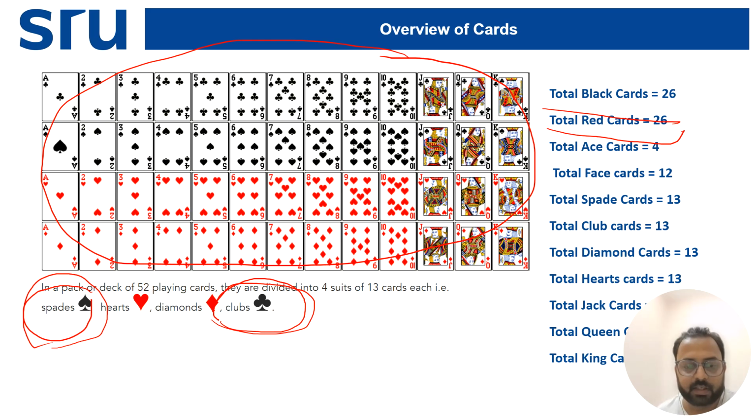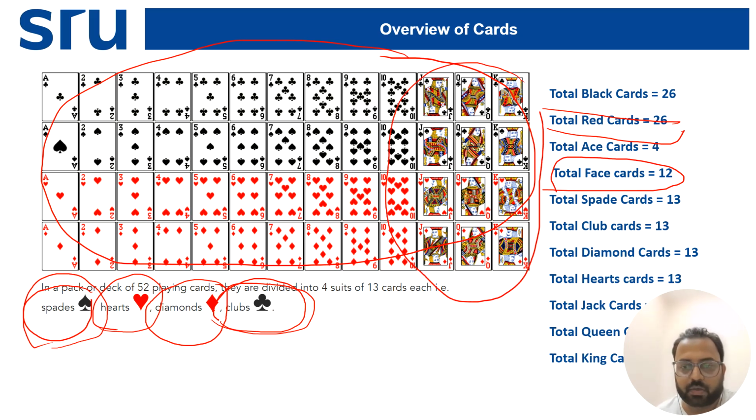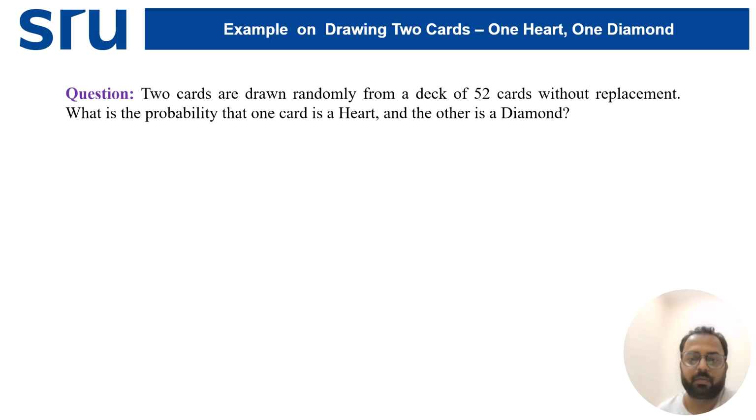The 26 red cards have two types: 13 diamonds and 13 hearts. There are a total of 12 face cards. Face cards means Jack, Queen and King.